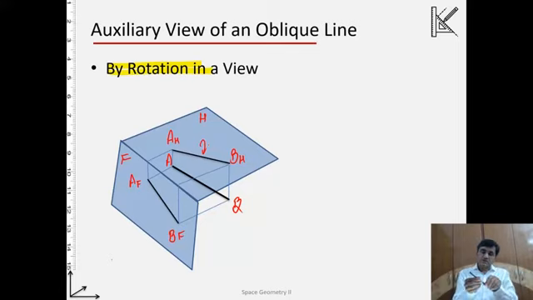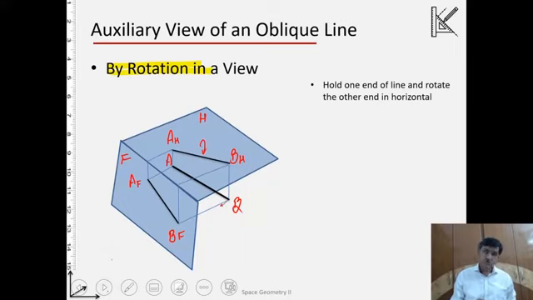Once the line is rotated and made parallel to the frontal plane, its projection on the horizontal plane will also be parallel to the frontal plane, or the hinge line. So I will make use of the projection on the horizontal plane and rotate it, making the projection of the line on the horizontal plane parallel to the hinge line, or parallel to the frontal plane.